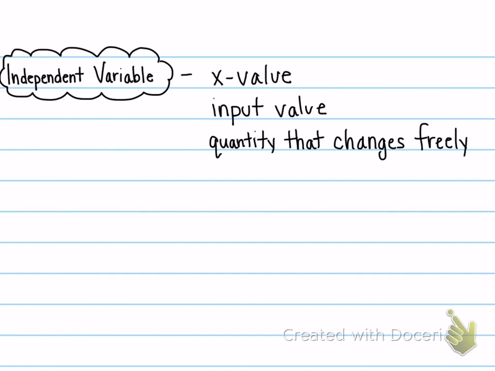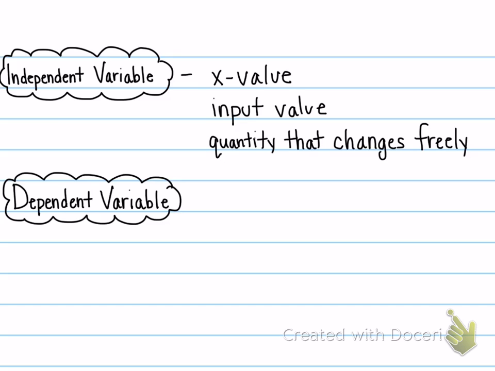Okay, this is different than the dependent variable. Now, it should kind of make sense. The dependent variable depends on the independent variable. You plug in for x, your independent variable, you get out y, your dependent variable. So that dependent variable depends on what you plugged in. It's like your solution. It's what you get out of the equation.